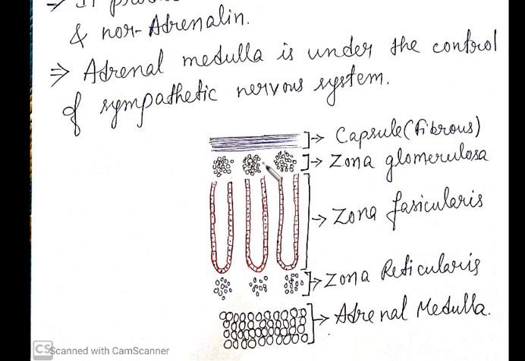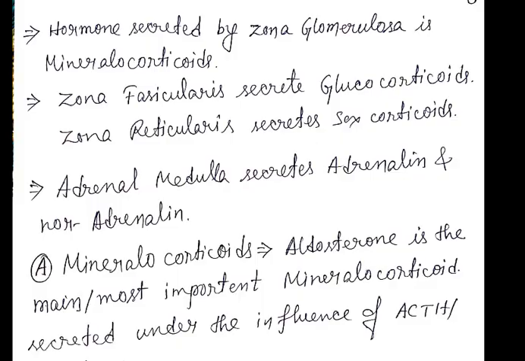The second layer is fasciculata, which I have already discussed, a cord-like structure. The extension of those cord-like structures of cells goes inside the connective tissue, until the middle part as well. The next layer is zona reticularis, and finally we have the adrenal medulla, where the cells are compactly arranged, right?